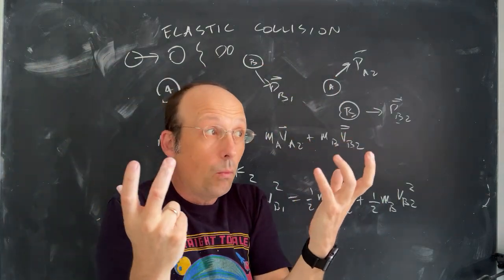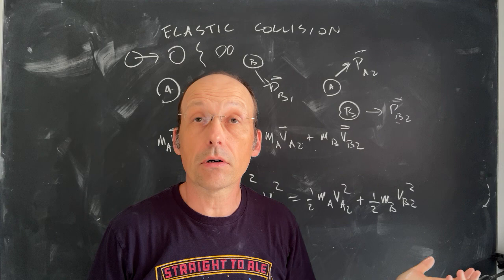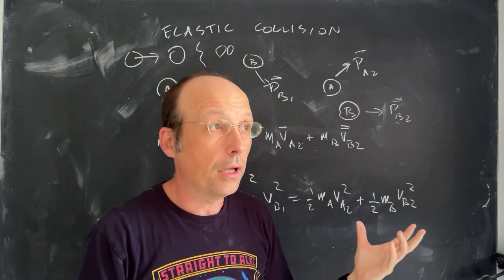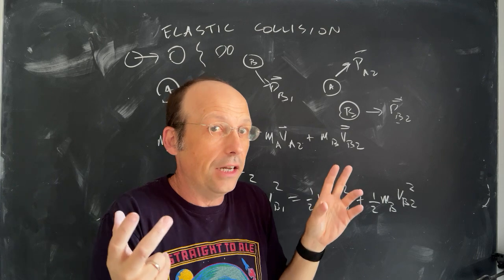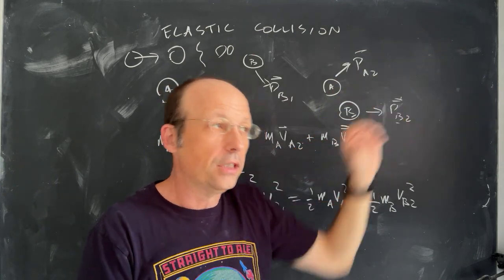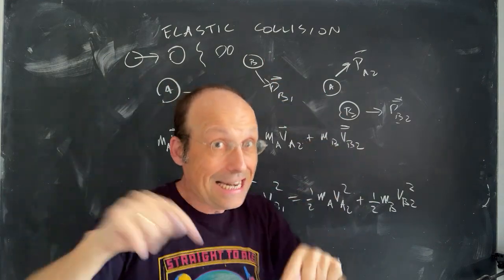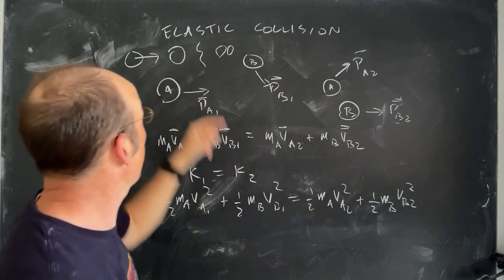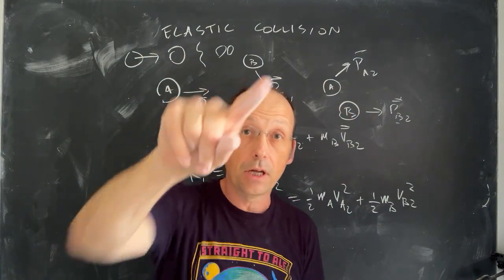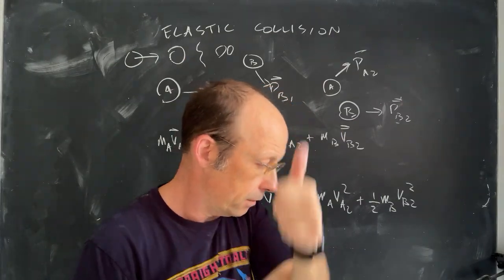Well, they will increase in temperature. They'll get deformed. They will produce sound. All of those things are changes in energy that are where that lost kinetic energy goes. So energy is still conserved. It's just kinetic energy is not conserved. But for both an elastic and an inelastic collision with no external forces, momentum is conserved.